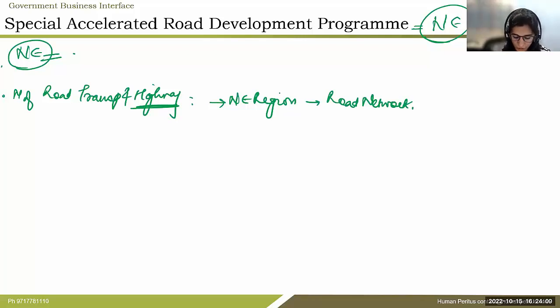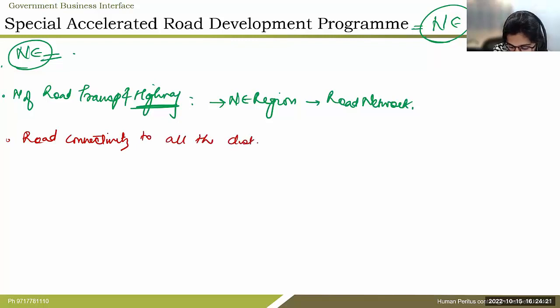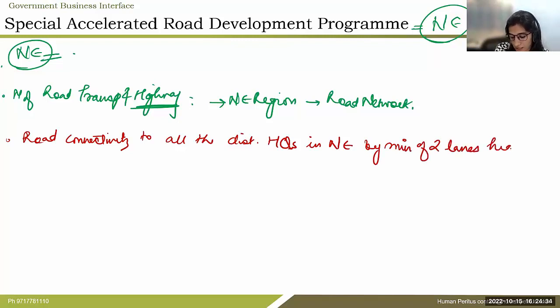So what it does is it provides road connectivity to all the district headquarters in the northeastern region by a minimum of 2 lanes. All right, highway standard roads are built there.